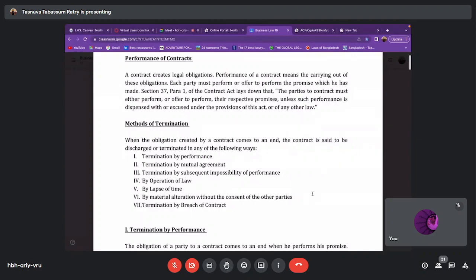So, due to a subsequent event, the contract becomes impossible to perform. Let's give an example. Say I have entered into an agreement, with the same example, with Tamiya, and I have agreed to rent my music hall for her to perform. She's a singer, hypothetically speaking, and she has hired the music hall to sing.